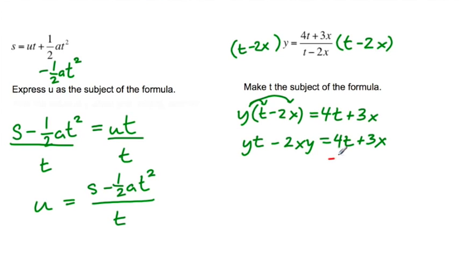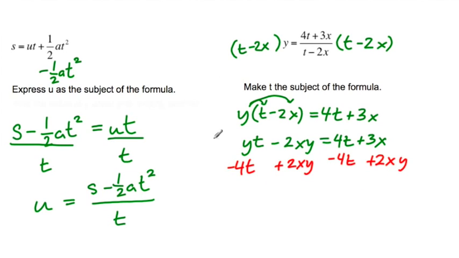So what I'm going to do is subtract 4t from this side, which moves it over here to the left. And then what I'm going to do to this 2xy is cancel it out from the left, which means I'm moving it to the right.